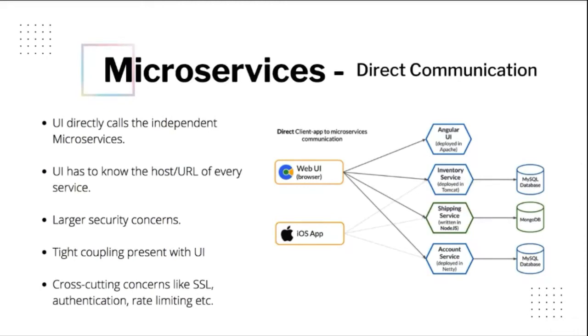I should have a way to allocate IPs dynamically. I can have multiple instances of the same service. If you know the concept of load balancing, to balance out the traffic you keep multiple instances of the service. But the UI cannot be so smart. I cannot have all the endpoints and physical IP addresses configured in the UI.